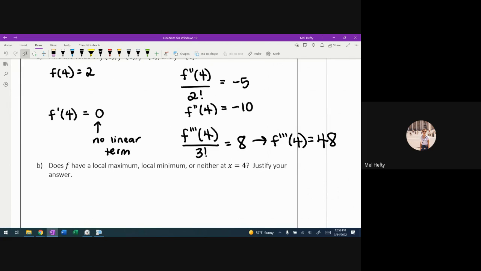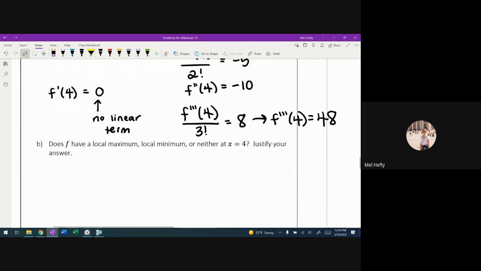All right. What do I need to know to find a local max or a local min? I need a change in slope, but I only have so much information. How do we normally find a max or a min? What do you usually do first? Critical values. All right. Do I have a critical value?